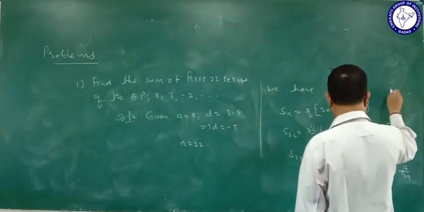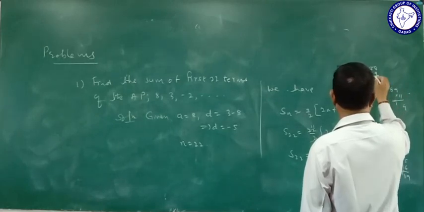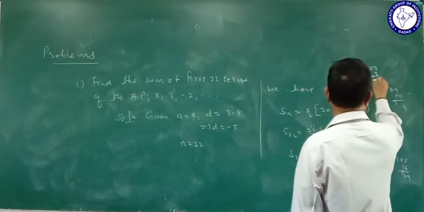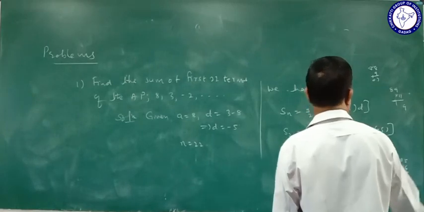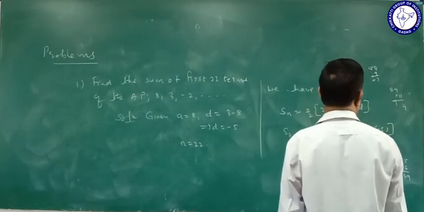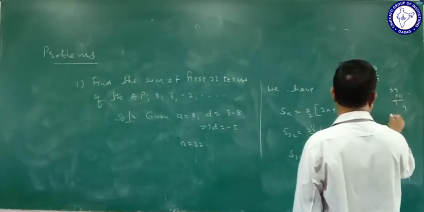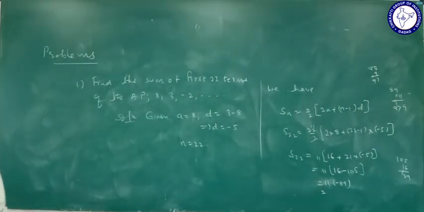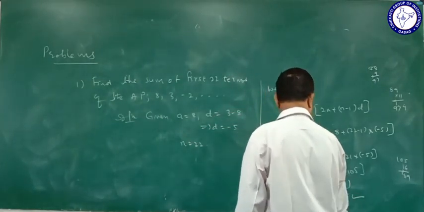Multiplying 89 into 11: 11 nines are 99, 11 eights are 88, and 88 plus 9 is 97, so the answer is minus 979. Yes, this will be the answer.